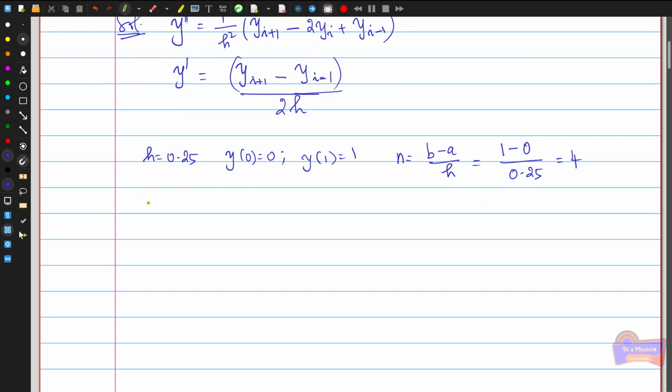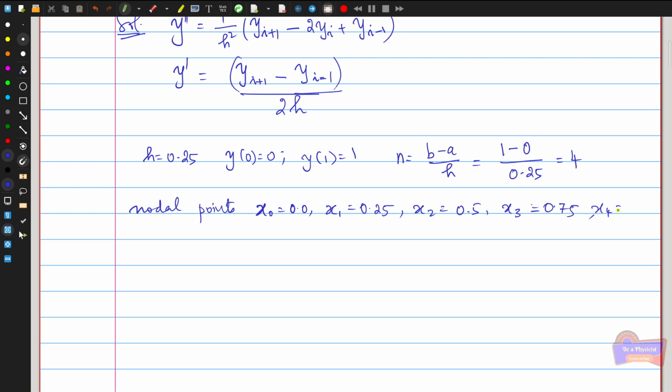For the x values, that means the nodal points: at x0 we have the value 0.0, x1 is equal to x0 plus h, which is 0.25, x2 is equal to x1 plus h, which is 0.5, x3 is equal to 0.75, and x4 is equal to 1.0.